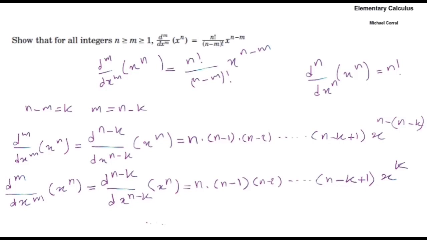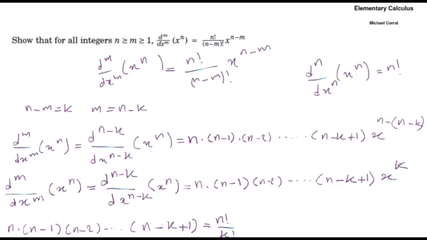So we know that n times n minus 1 times n minus 2 until n minus k plus 1 equals n factorial over k factorial.